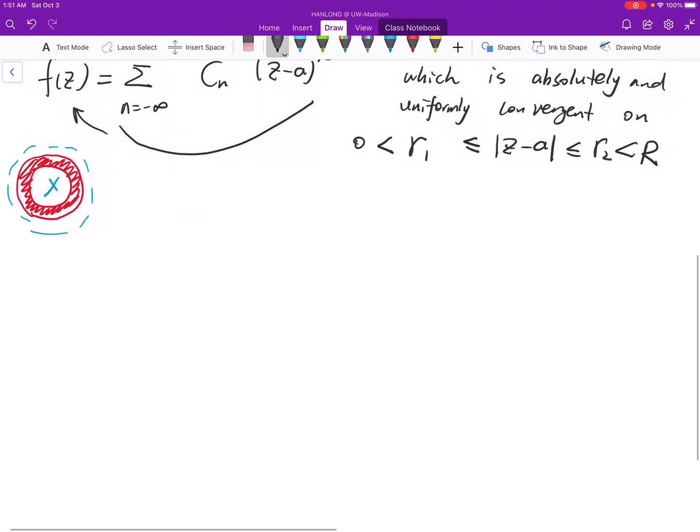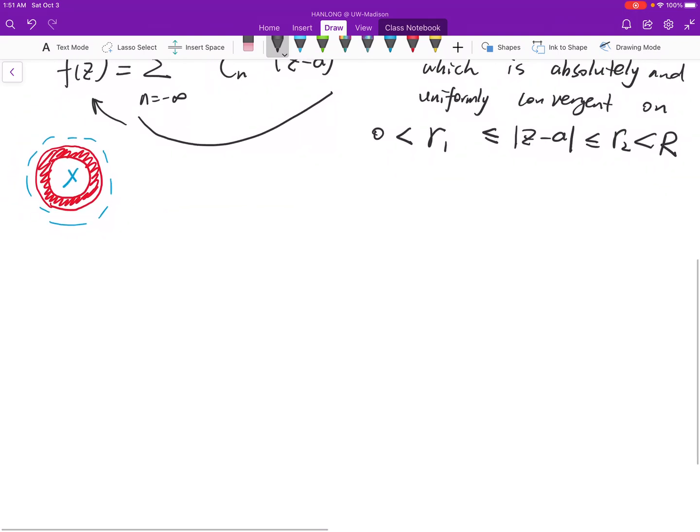Okay, and c_n, just as what we did last time, can be computed in the following way.